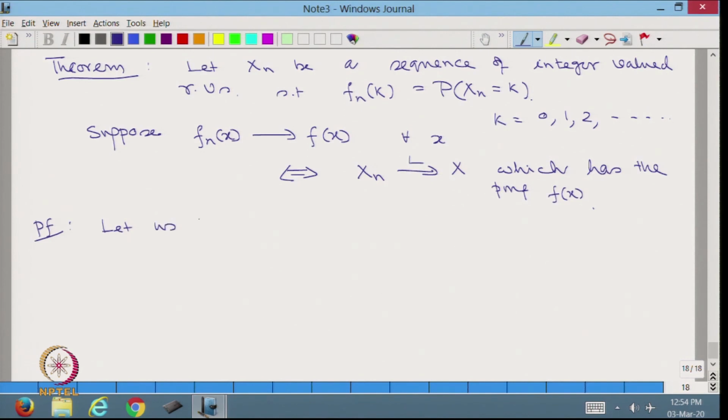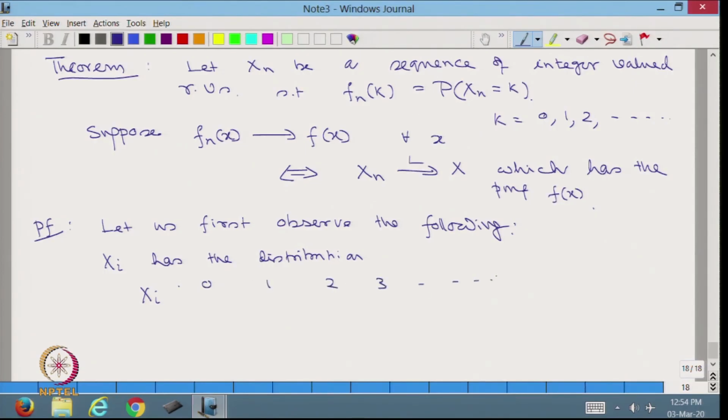Let us first observe the following. X_i has the distribution: X_i takes the values 0, 1, 2, 3, n, etc. with probabilities f_i(0), f_i(1), f_i(2), f_i(3), f_i(n), like that.